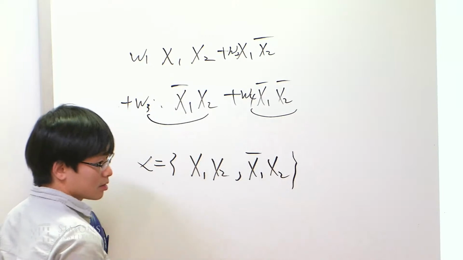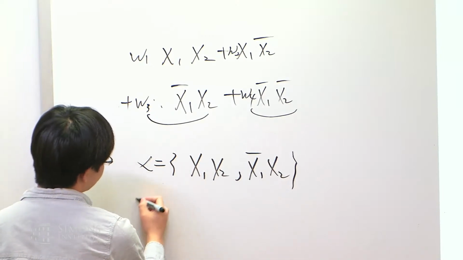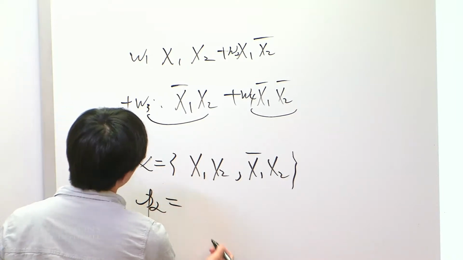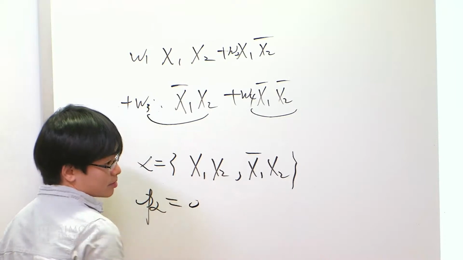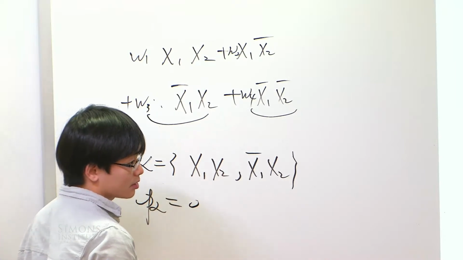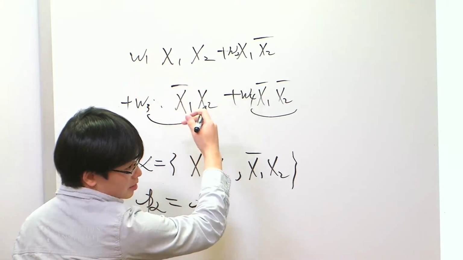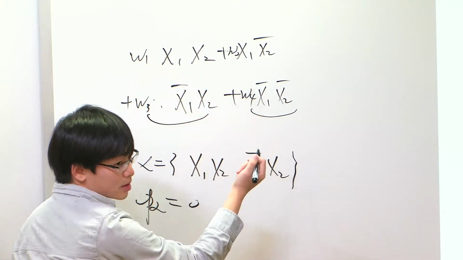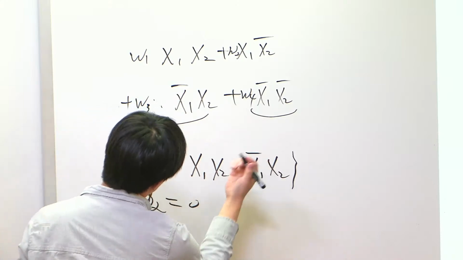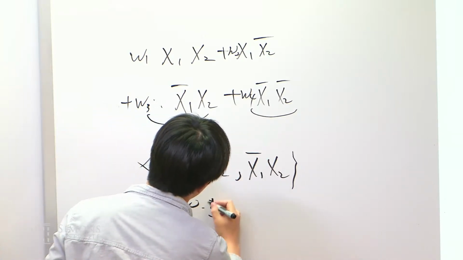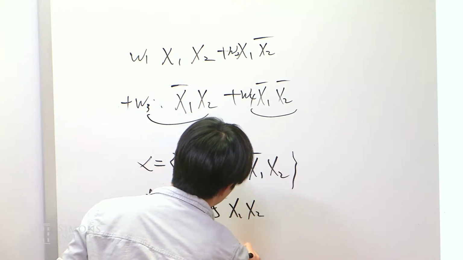So the constraint circuit should be a uniform distribution over its support. Otherwise, it messes up the original weights, right? Does that make sense? So this will be 0.5 x1 x2 plus 0.5 x1 bar x2.